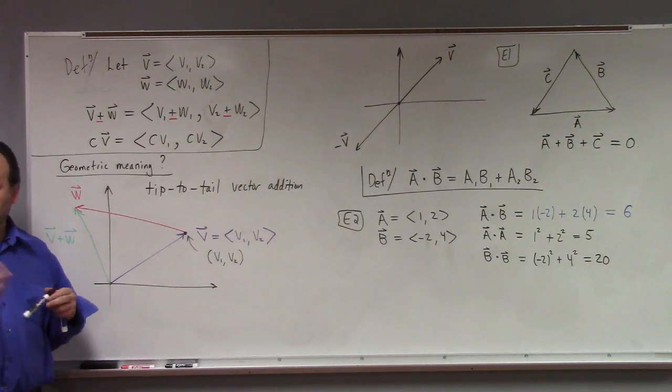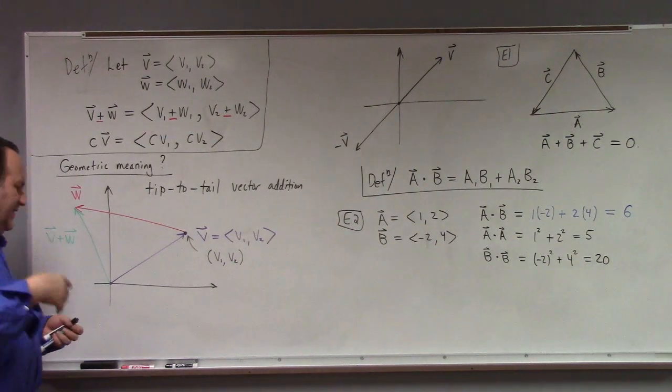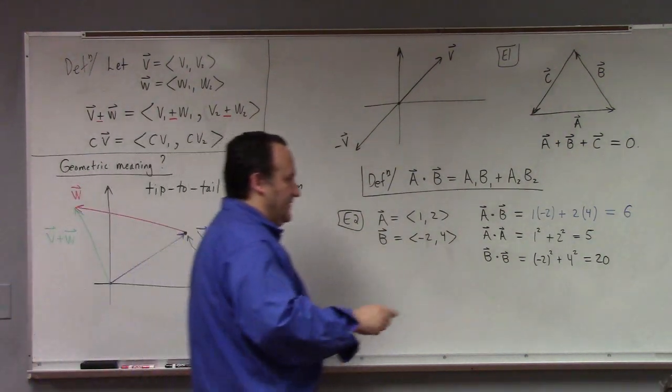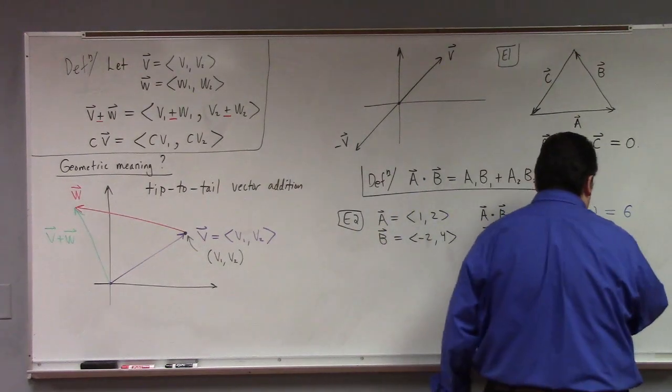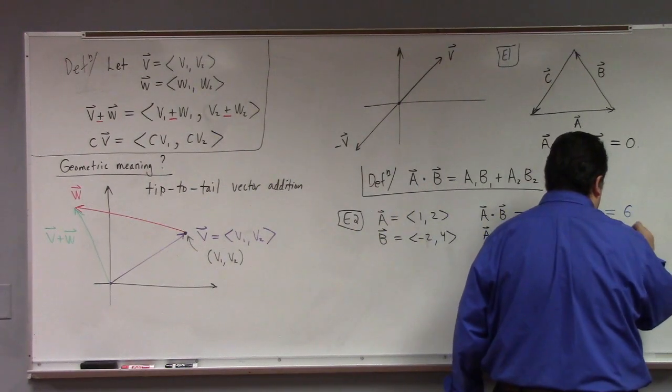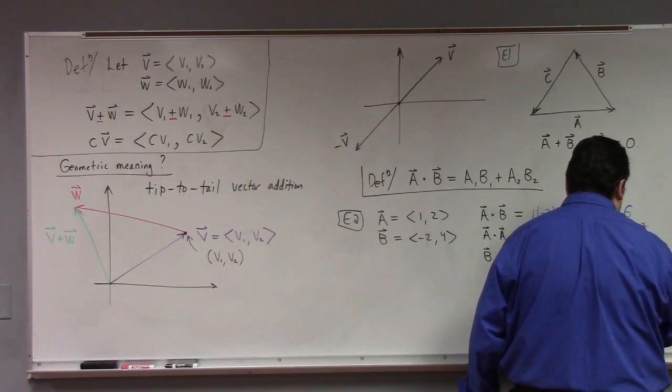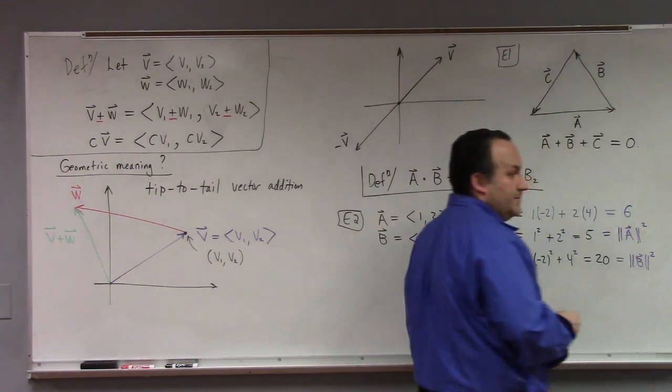It's the square of their magnitude, or, I don't think I've used that word before yet today, but it's the square of their length, right? So in terms of the notation I have on the other board, this is equal to the length of A squared, and this is equal to the length of B squared, all right?